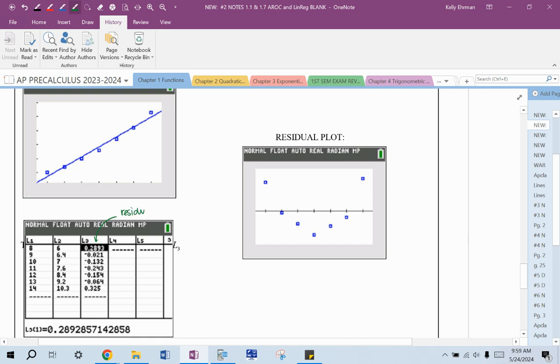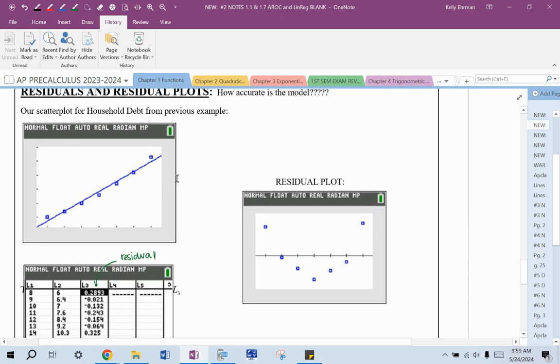So what is a residual? A residual is the difference between the actual output minus the predicted output.